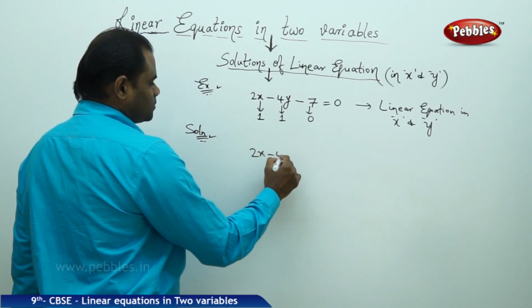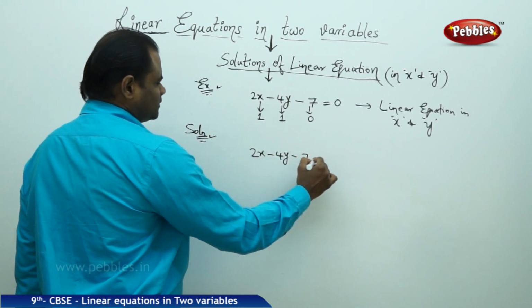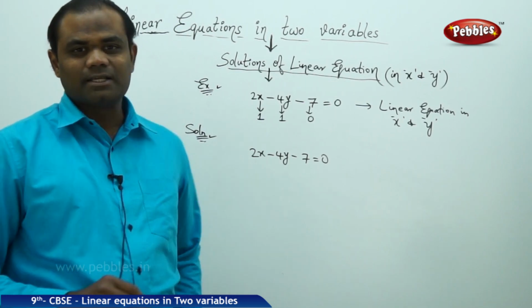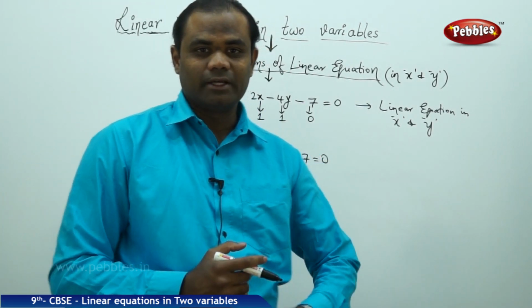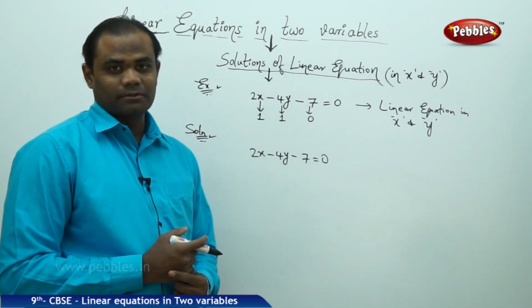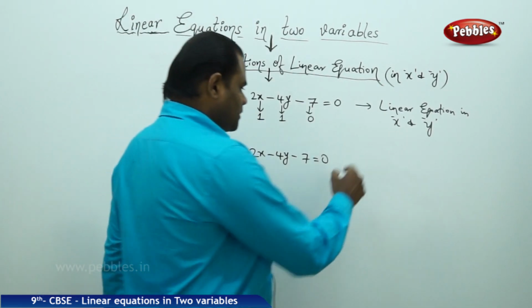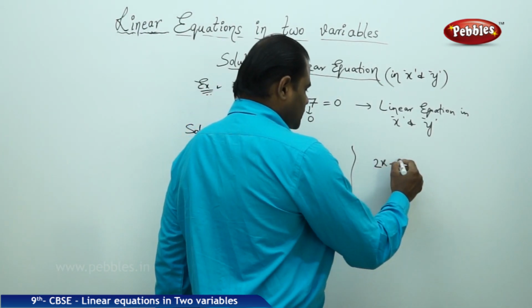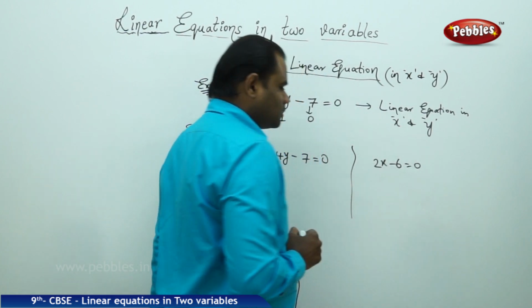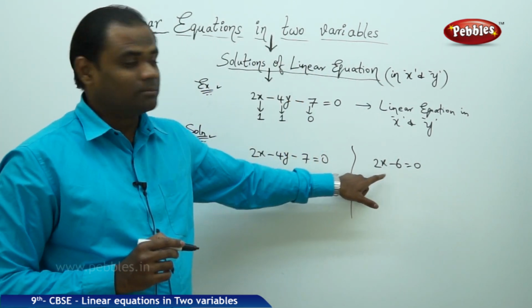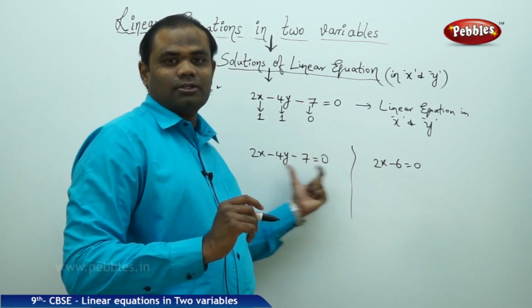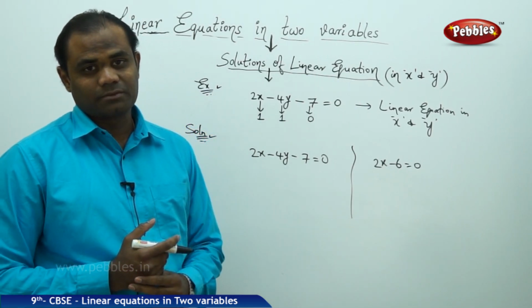As we take here 2x minus 4y minus 7 equal to 0, let's see if we can find the values of x and y which satisfy this equation. Unlike the previous example, which is a linear equation in one variable x, let's compare the solutions of the two equations.